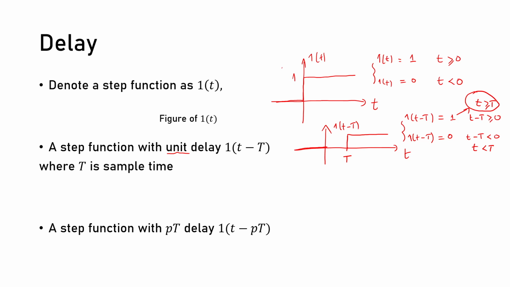So from here the value of this function is 0 and then steps to 1. Okay, so this is delay. Right, unit delay.